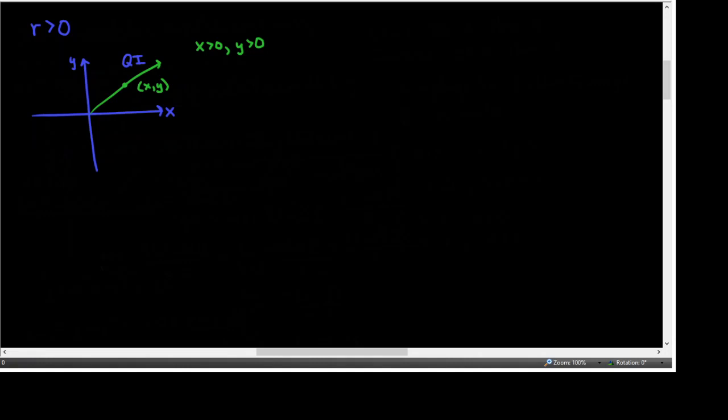So if all three of those are positive, every single ratio, x over r, x over y, y over x, y over r, r over x, r over y, positive divided by positive will always be positive. So in the first quadrant, all trig function values are positive.